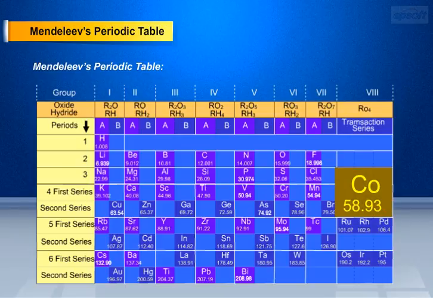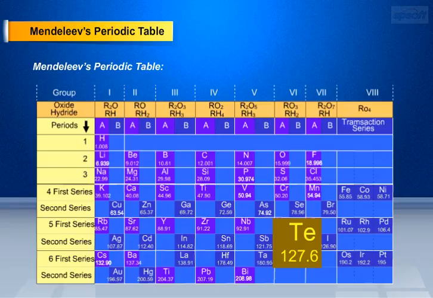Cobalt, atomic mass 58.93, is placed before nickel, atomic mass 58.71. Tellurium, atomic mass 127.6, is placed before iodine, atomic mass 126.90.